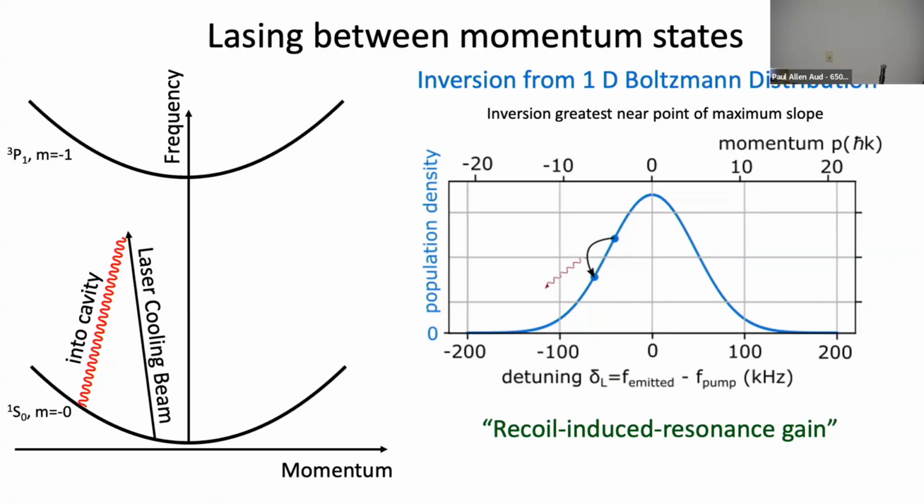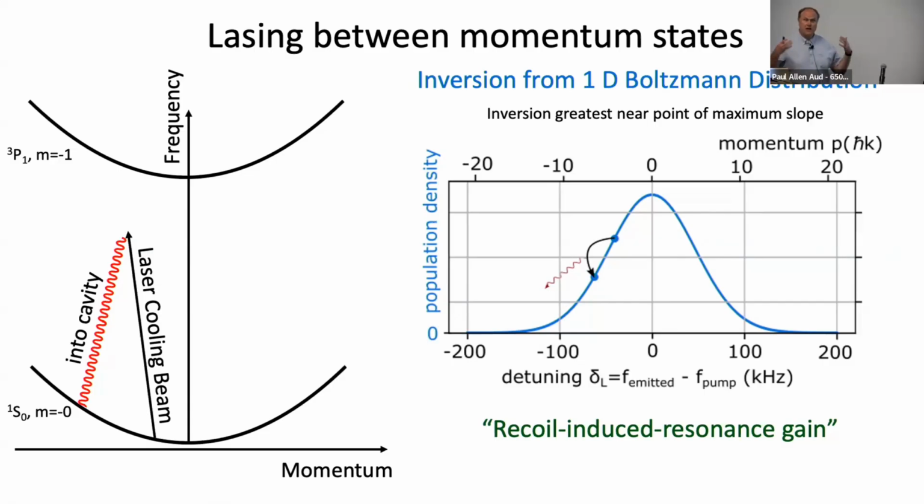And what we kind of traced it down to is we think that what's going on is we have inversion in momentum space. The basic idea is if you look at the probability of finding an atom at a given momentum in a 1D distribution, you'll notice that there are more atoms at this momentum than this momentum. And so you can have a process where you absorb and get a momentum kick from the laser cooling beam, and you emit a photon into the cavity that takes you from this momentum state to that momentum state.